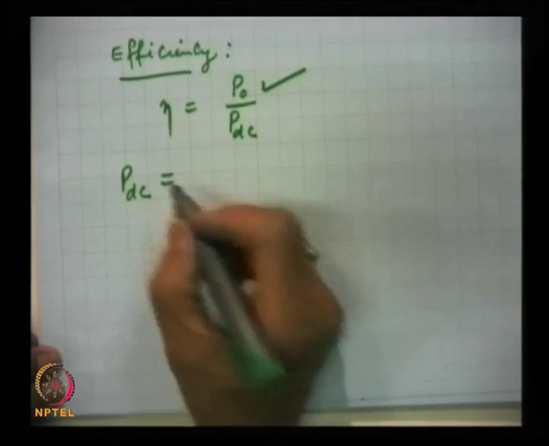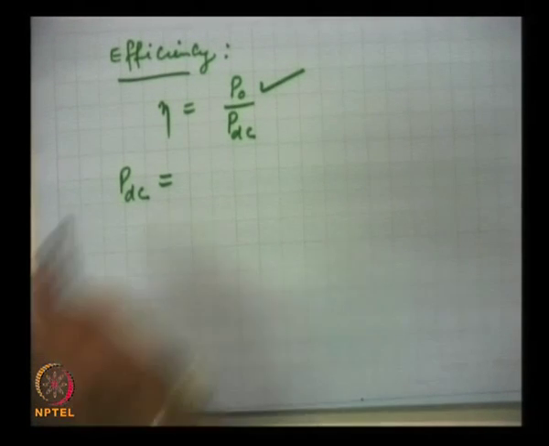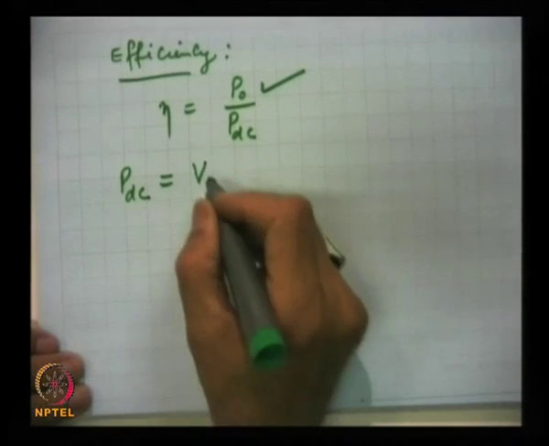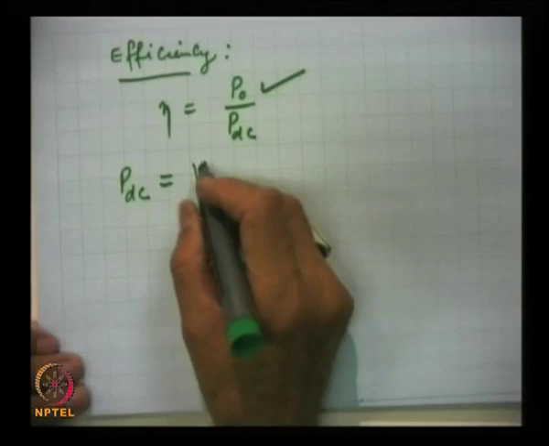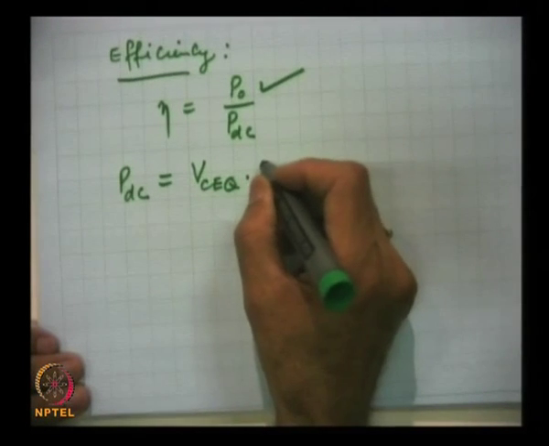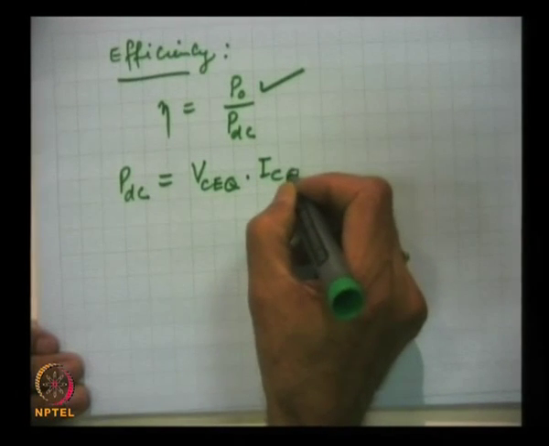This is the maximum DC power which will be supplied to the circuit. The voltage is VCEQ, and this is ICQ.